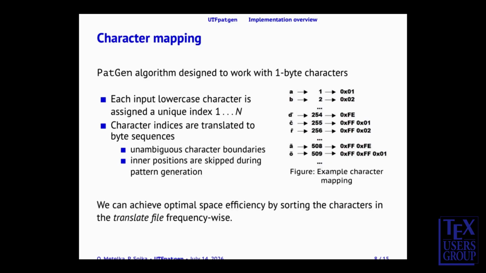We draw inspiration from the UTF-8 character encoding, which also uses variable byte length, hence the name UTFpatgen. To achieve even bigger space efficiency, we can sort the characters in the translate file by their frequencies in the dictionary, so that the most frequent ones get the shortest sequences.